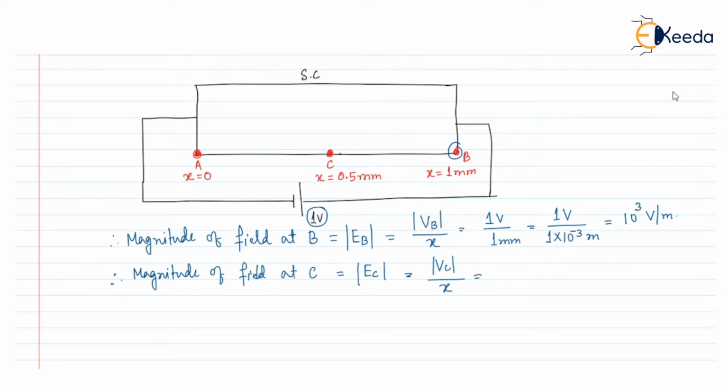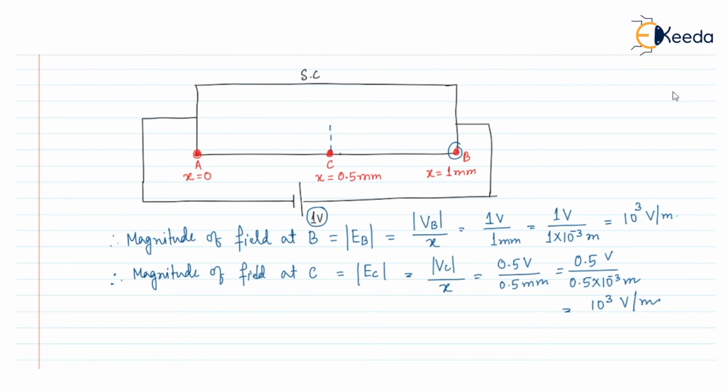From this picture we can see that the potential at this C point will be 0.5 volt, divided by the distance of 0.5 millimeter. So it will be 0.5 divided by 0.5 into 10 to the power minus 3 meter, which comes out as 10 to the power 3 volt per meter.